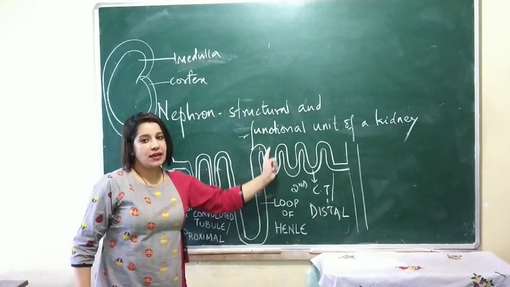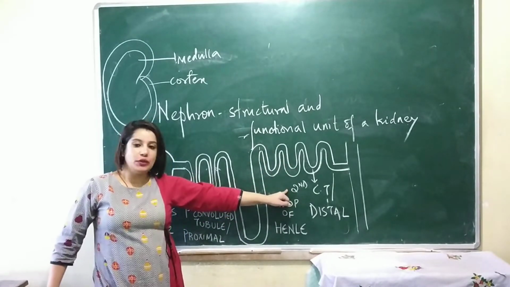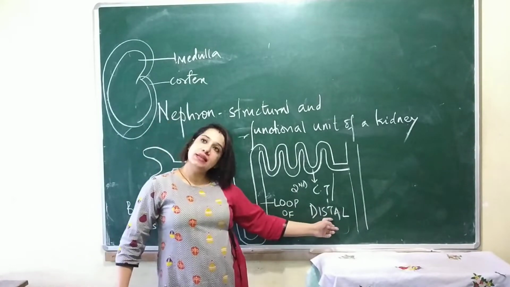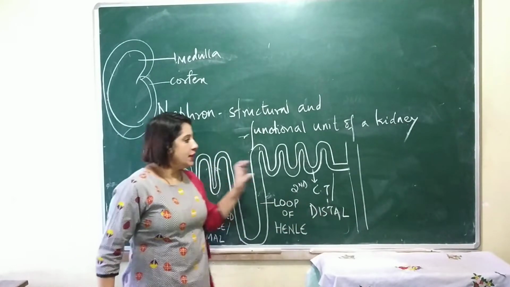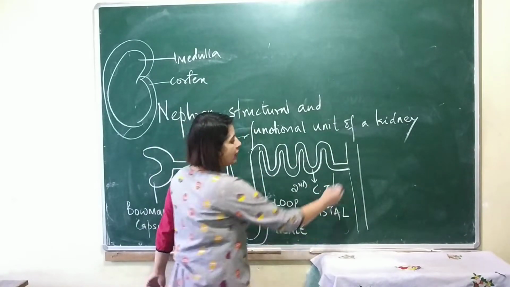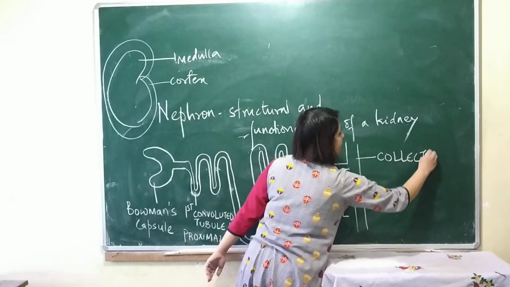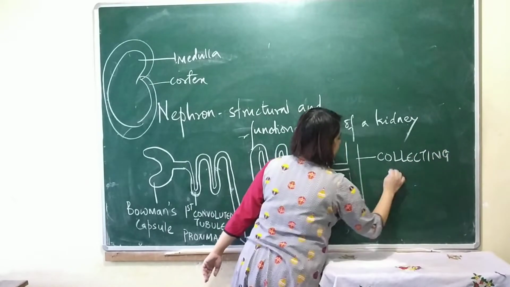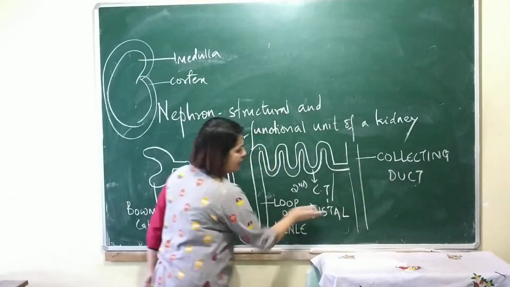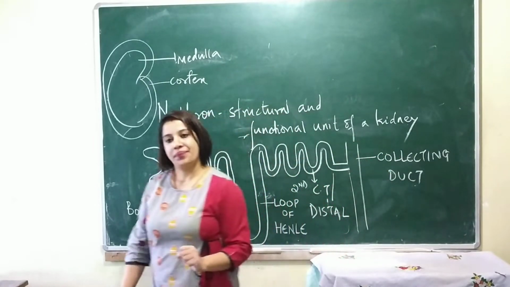Then we have the second coiled tubule called the second convoluted tubule or the distal convoluted tubule. Now many nephrons join and form the connecting duct.